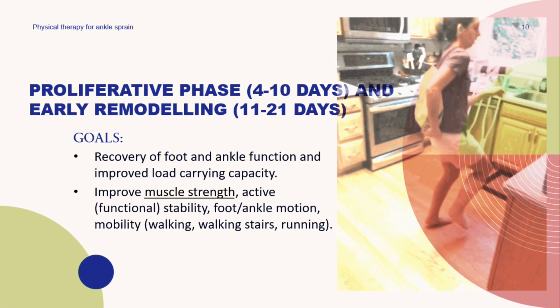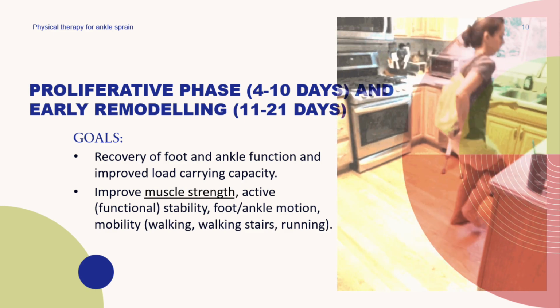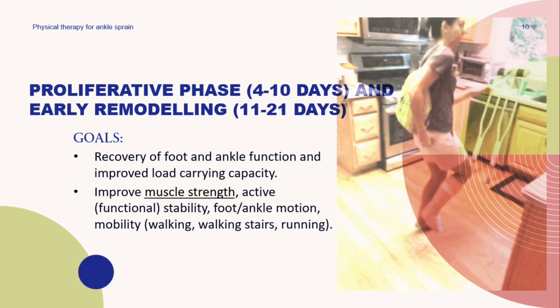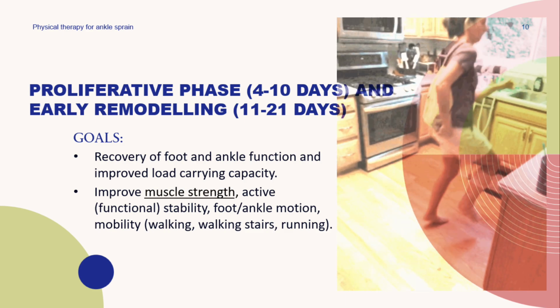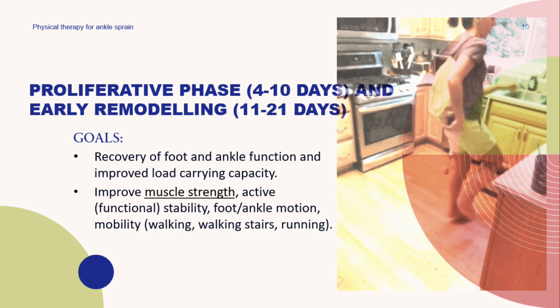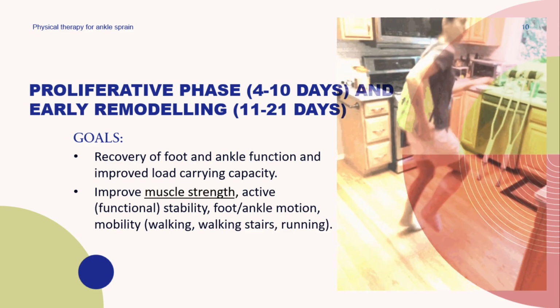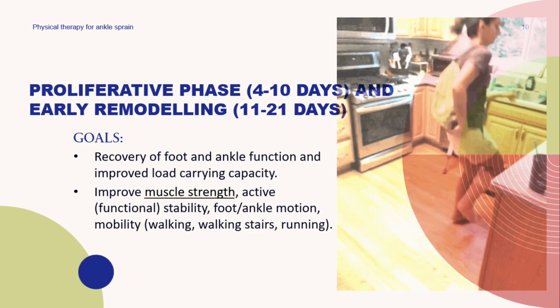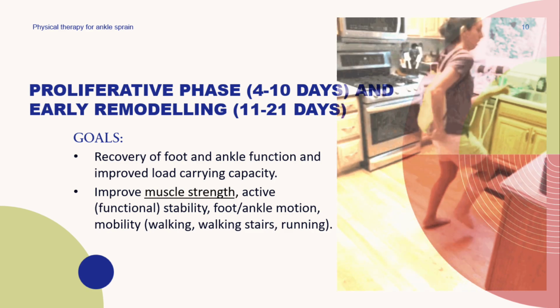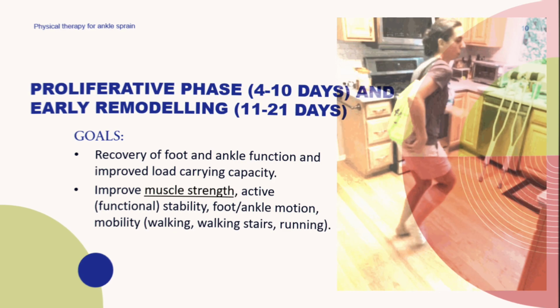Then in proliferative phase and early remodeling, the goals are recovery of foot and ankle function and improved load carrying capacity, and improved muscle strength, active functional stability, foot ankle motion mobility like walking stairs, and running.